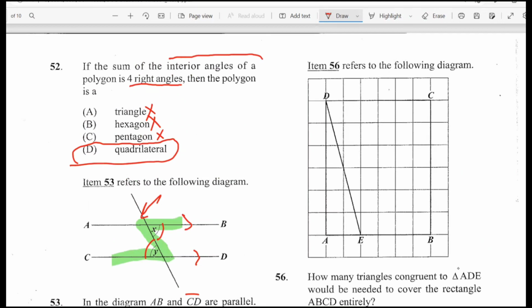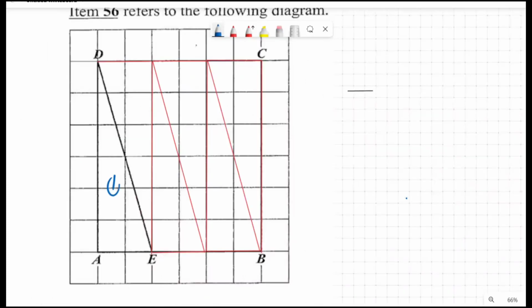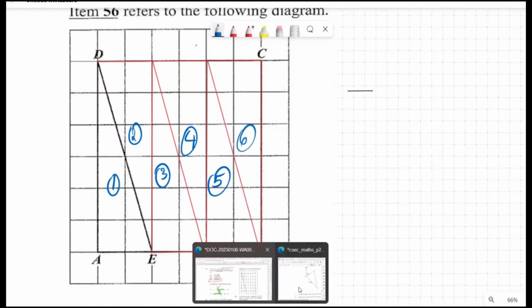Well, there are a number of approaches. One of the approaches that we could take is to literally just fill this out quickly, produce these shapes to get 1, 2, 3, 4, 5, 6. All right, so you would have gotten 6 of them from that.